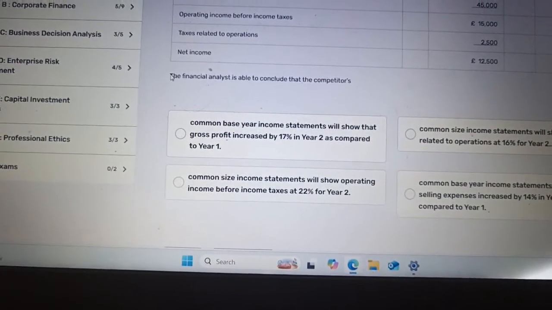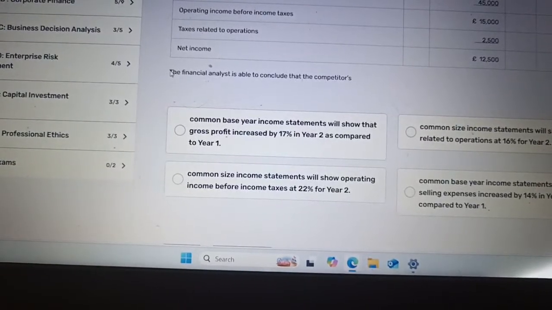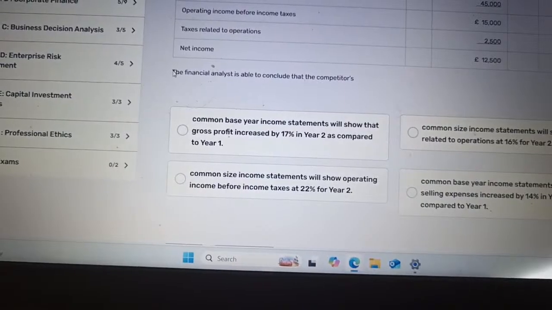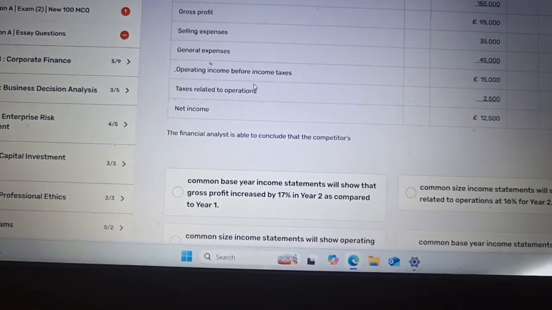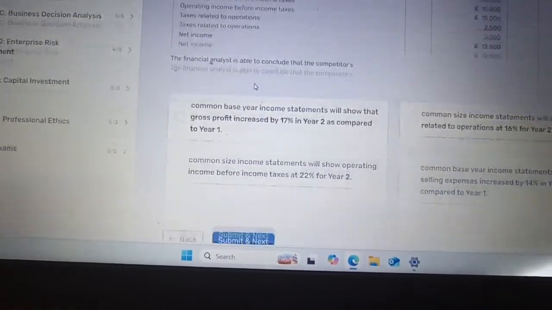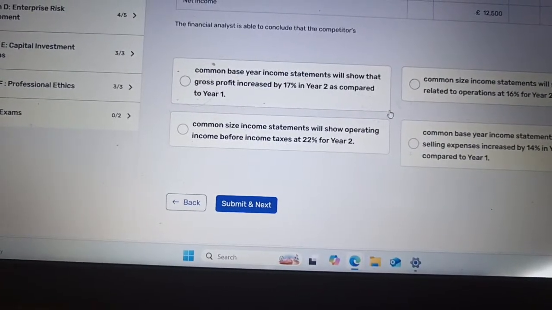The financial analyst is able to conclude that the competitor's... these are the options to be selected on the basis of this income statement.